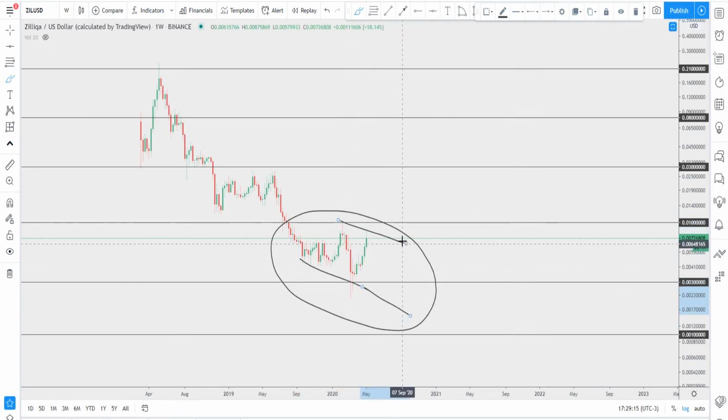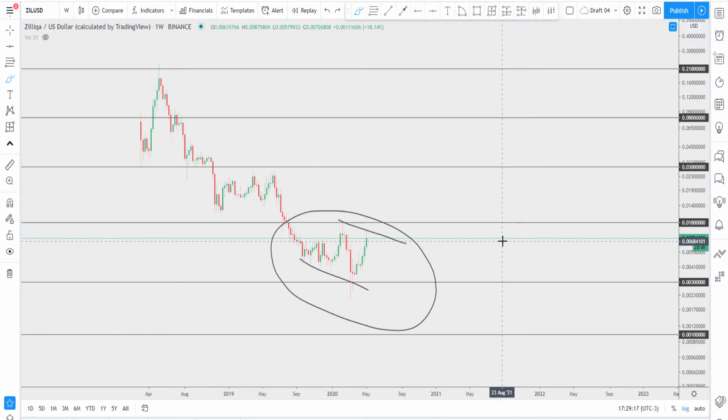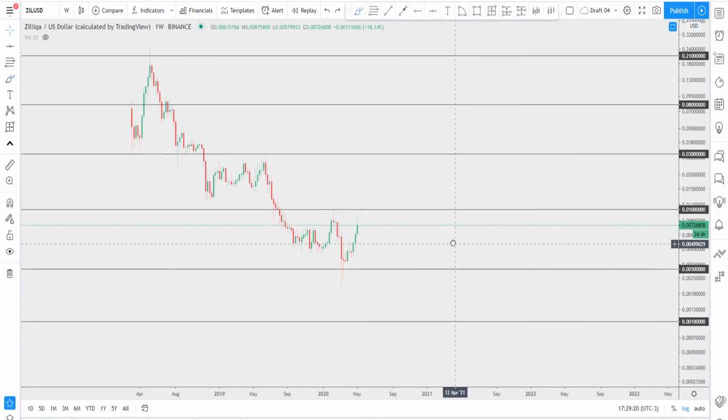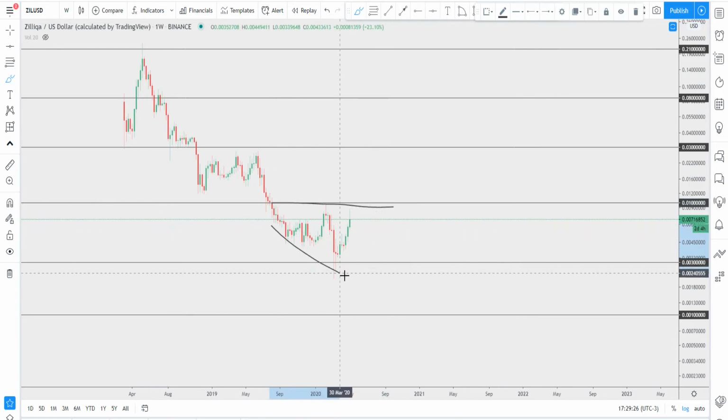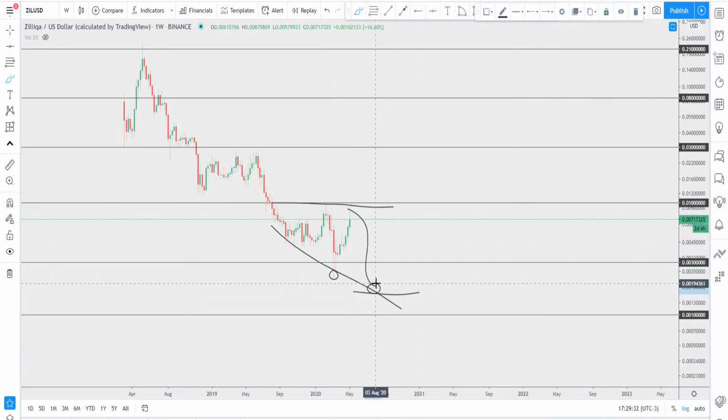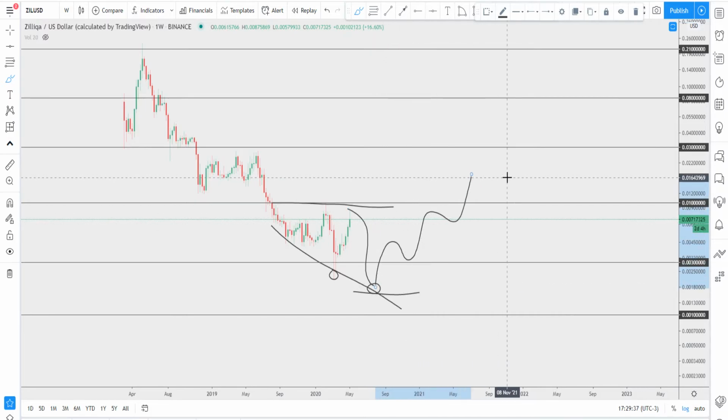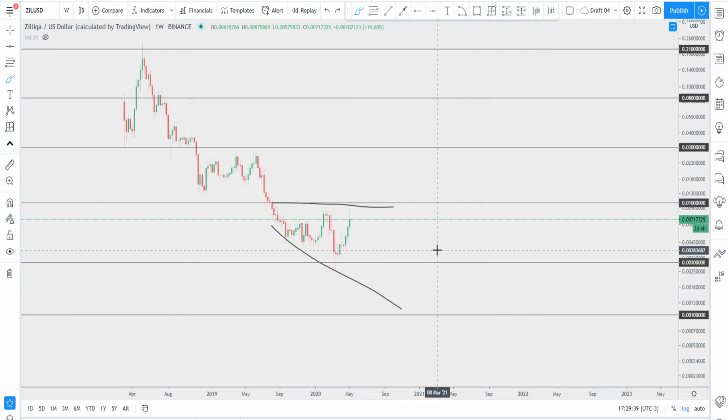Just for you guys to have an idea of how this can play out, it can have a scenario like this, and then we make a new low compared to the previous one, and then we fight our way back. So this is one possible scenario.